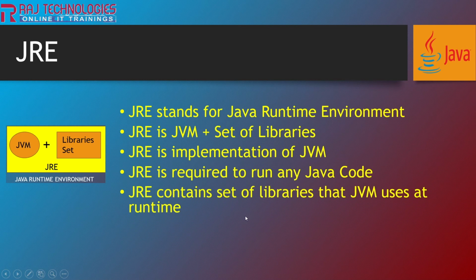And JRE contains a set of libraries that JVM uses at runtime. Libraries mean the predefined code. When we install Java, it comes with the predefined libraries, and by using those libraries only, your code will get executed. As the days go on, we will be learning what libraries are present in Java. And this JRE is also platform dependent.